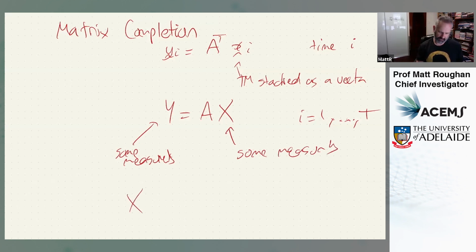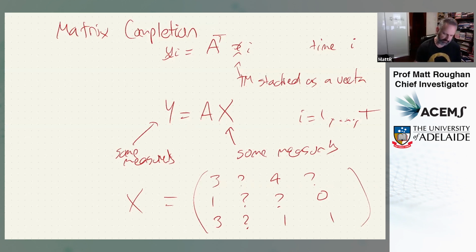So, imagine x is something like this: 3, ?, 4, ?, 1, ?, 0, 3, ?, 1, 1. So now the problem is in this category of matrix completion, where what we're trying to do is fill in those gaps in the matrix in the best way we possibly could.